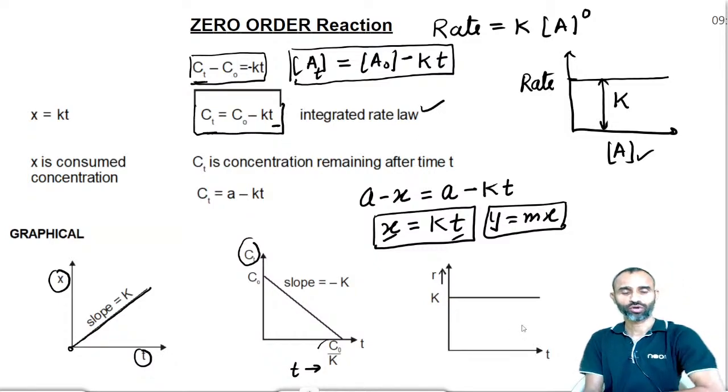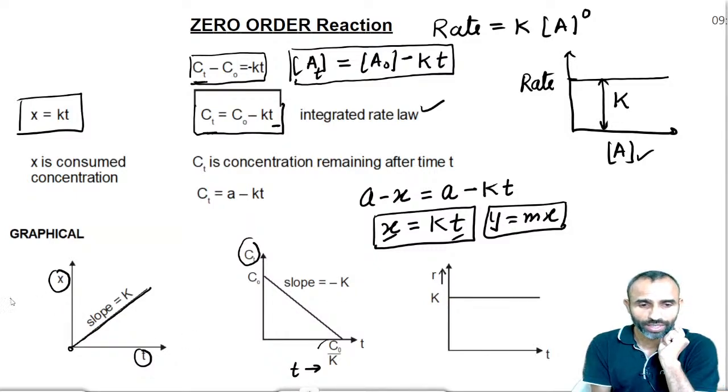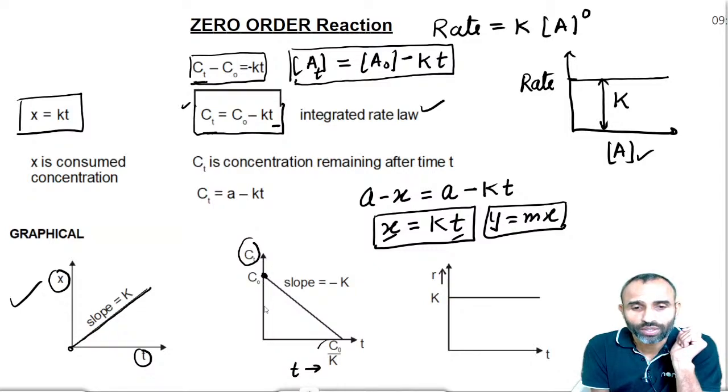Integrated rate law for X equal to Kt, the graph is Ct versus time. See this one, at this point time is 0, so this is C naught. Here Ct is 0.